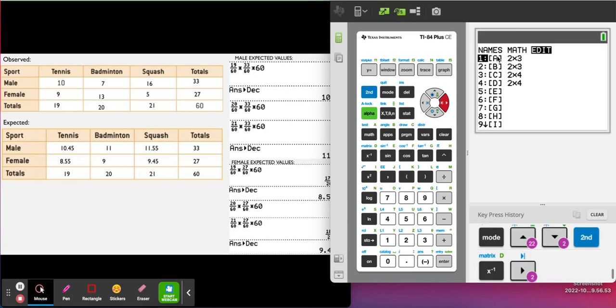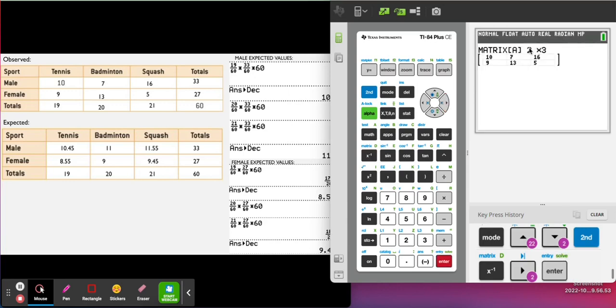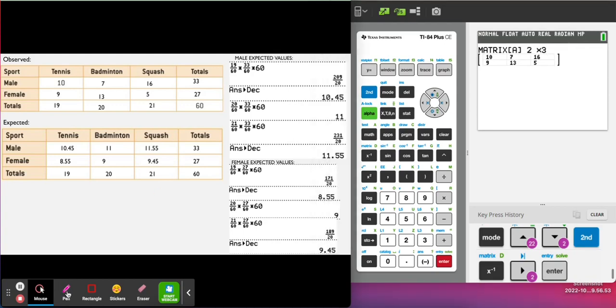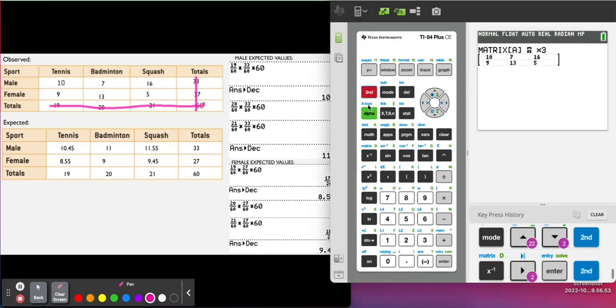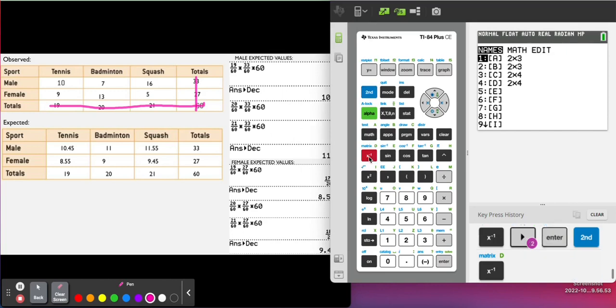So let's say I take A. I edit A as a 2 by 3 matrix. Why? Because we're not using our totals. The totals are not part of the matrix, but all the other numbers are. So it's a 2 by 3 matrix, and then you see the matrix pops up, and you can input your matrix A, which can be your observed matrix, and then we can do the same thing for your expected matrix.